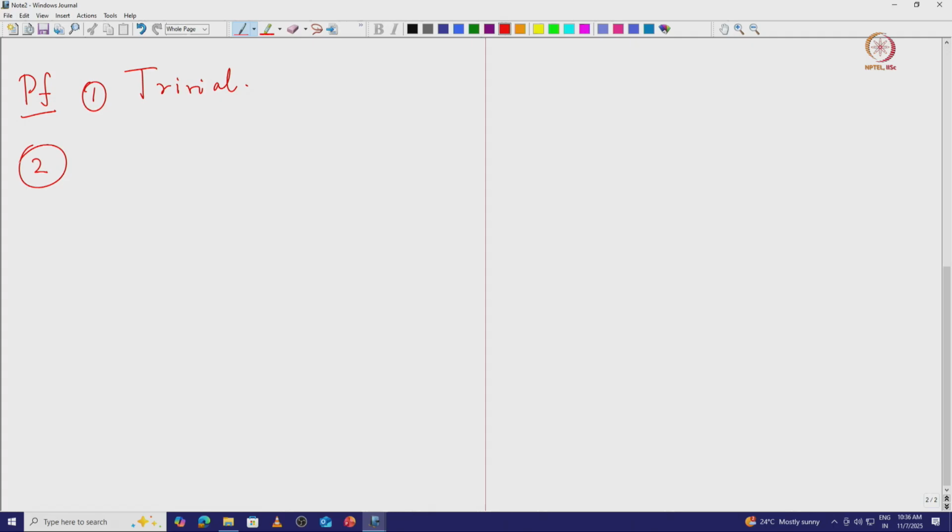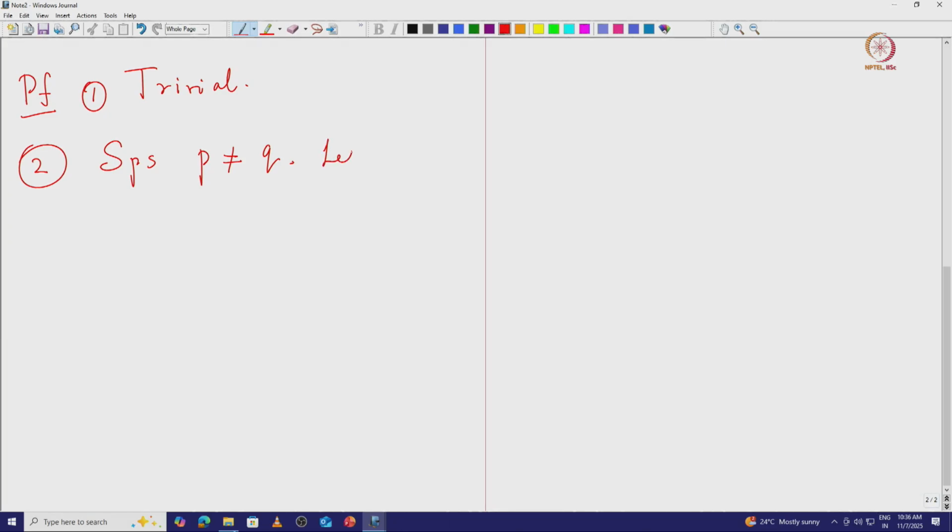Why is it positive definite? Suppose we have 2 points P not equal to Q. I want to show that if you take paths between P and Q, the lengths of those paths cannot get arbitrarily close to 0. That will show that your function D is positive definite.